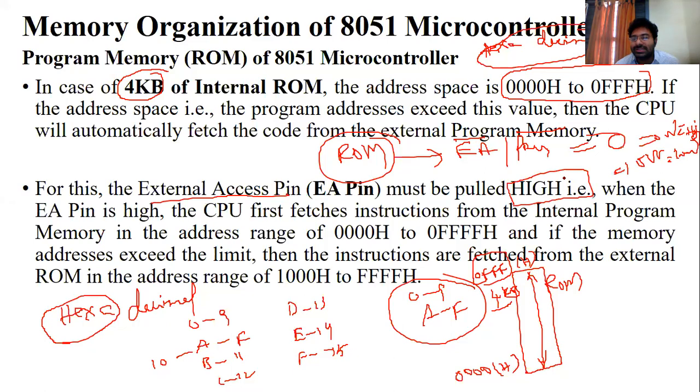That is actually the EA bar pin. So you must put this EA bar pin to 1. Then the microcontroller accesses the external memory at the same time.